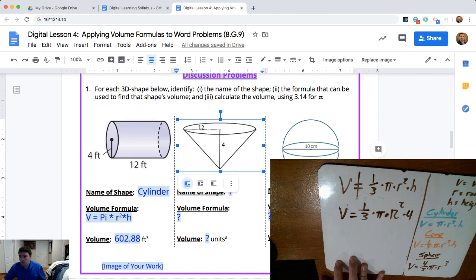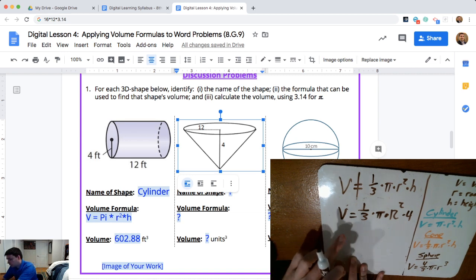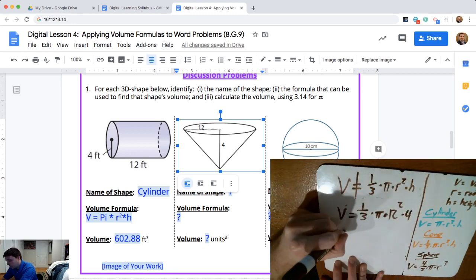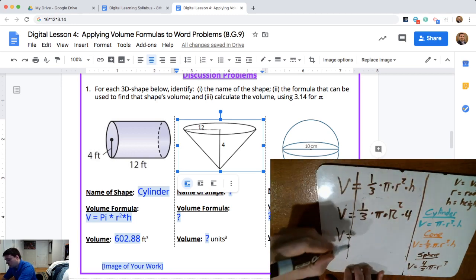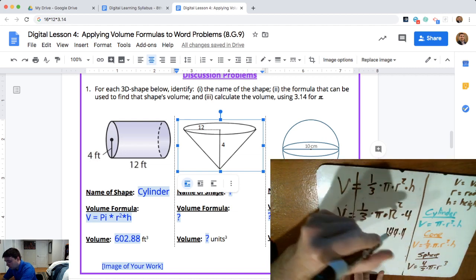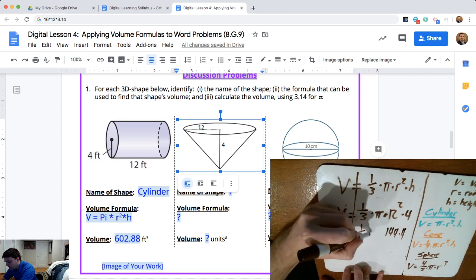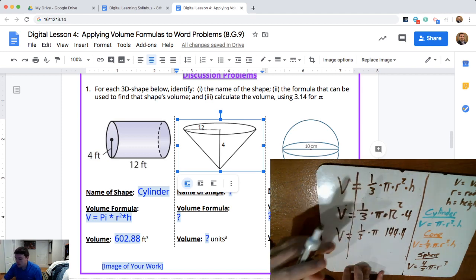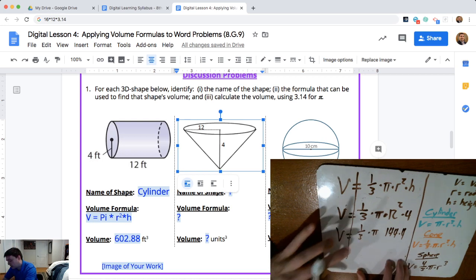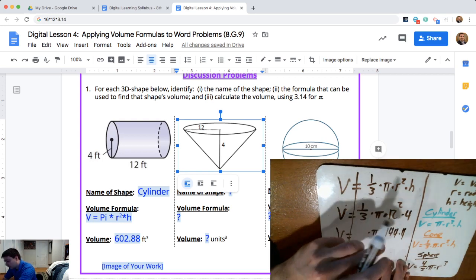At that point we'd have to do the math out. Volume is going to be equal to all of these numbers multiplied together and the 12's getting squared. First thing I would do is square 12. 12 times 12 is 144. I also know that multiplying by 1/3 is the same thing as dividing by 3, so I'm actually going to switch this over to say divide this whole thing by 3.